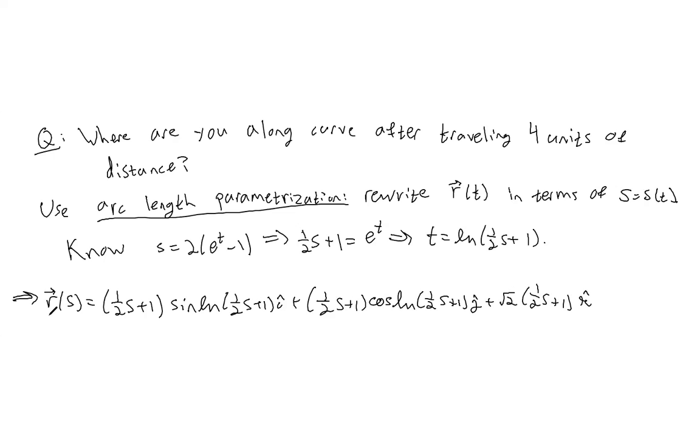Okay. And r of 4, plugging in 4, because it's distance 4 that we're interested in, so r of 4 comes out to 3 sine of ln 3 i plus 3 cosine of ln 3 plus 3 root 2.